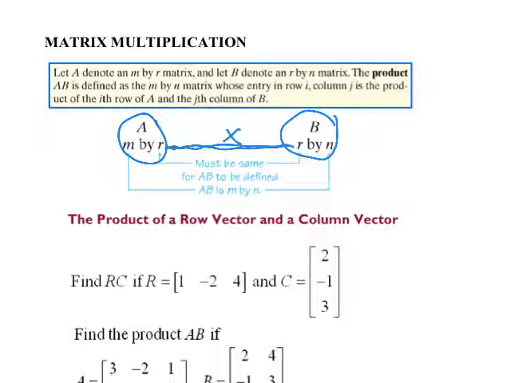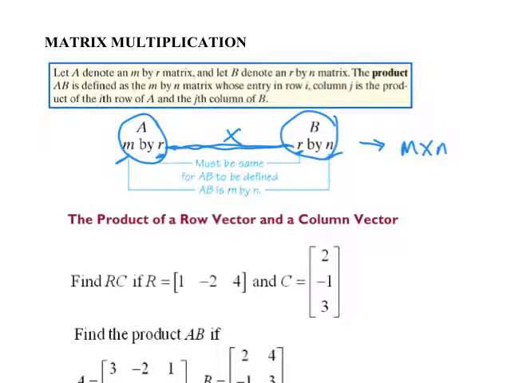So this is the column of the first matrix, and the number of columns must match the number of rows in the second matrix. As long as that is the case, then you can multiply them together. And the result will be the outer values, or an m by n matrix in this case.